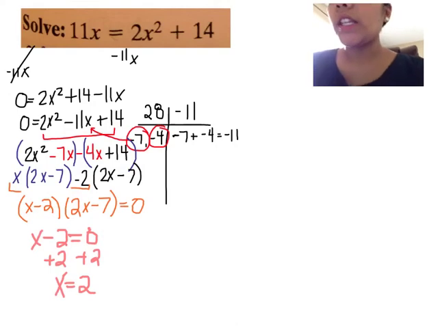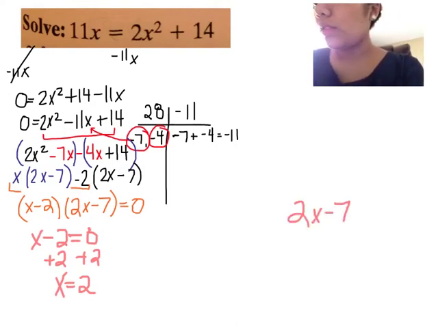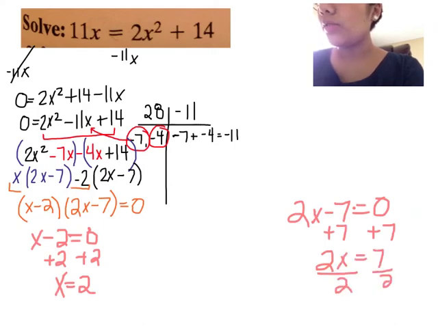And then on this side, I'm going to do 2x minus 7 equals 0. So I add 7, and I get 2x equals 7. And then I divide by 2, and then x equals 7 halves.